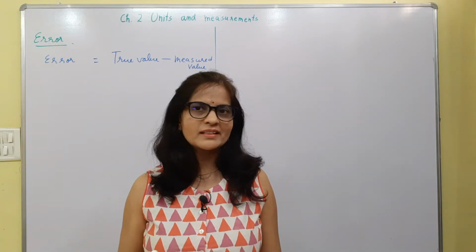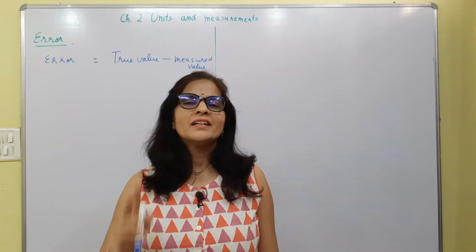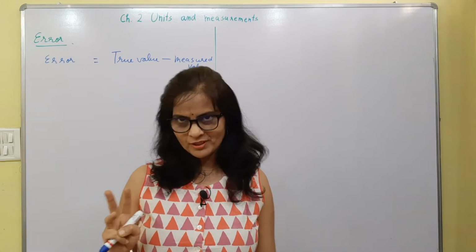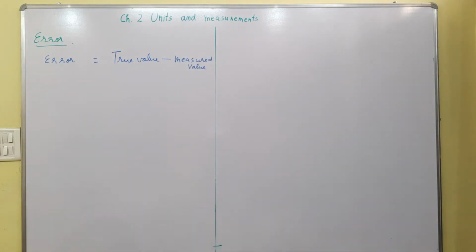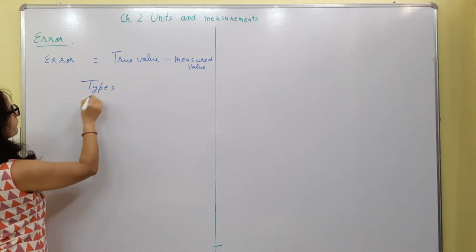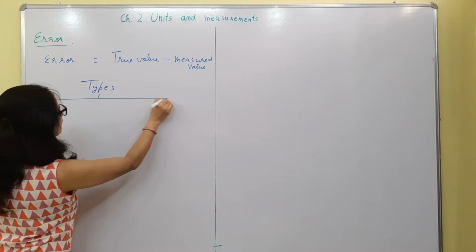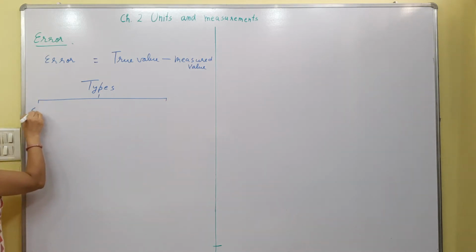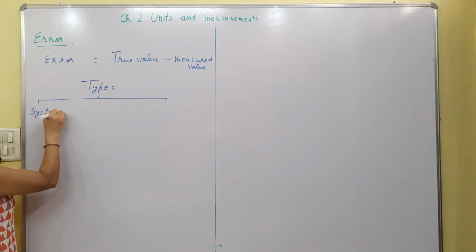how many types of errors are there? In your NCERT, 3 types of errors are given. The first one is the systematic error.